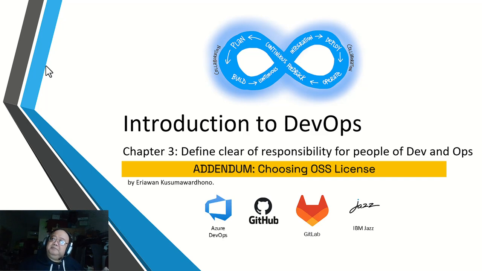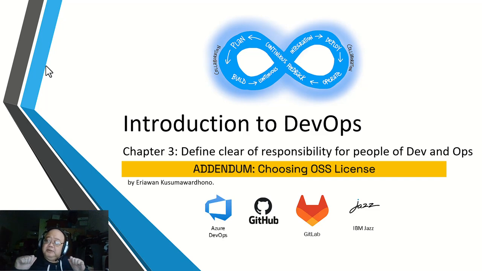It is being used either on cloud or on premise. When you are dealing with on premise, you have to pay attention to the clauses of the license itself. Now let's start, and this is still chapter 3, but additional information, or addendum, focusing on choosing an OSS license, open source software license.